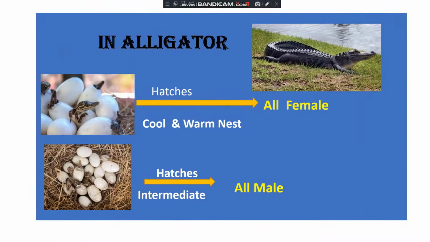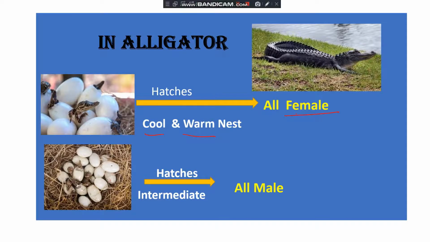Another example is the alligator. In the American alligator, if the eggs are hatched in a cool or warm nest, meaning the temperature is below 25 or above 33, then all the baby alligators will be female.